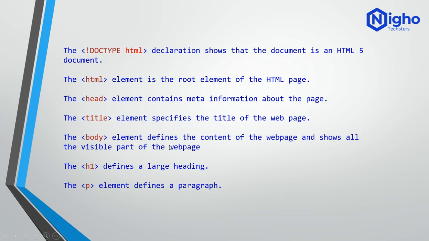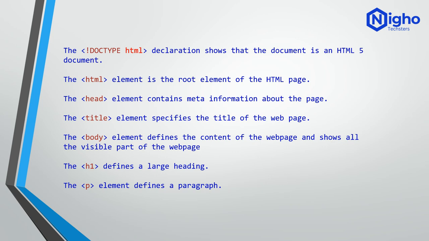The title element specifies the title of the web page. That is the function of the title element. The body element defines the content of the web page and shows all the visible parts of the web page. Remember in the previous slide I mentioned that HTML contains a lot of elements, and these are a few that you should know.